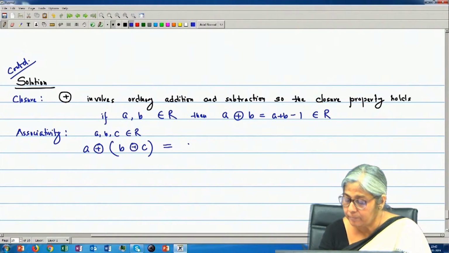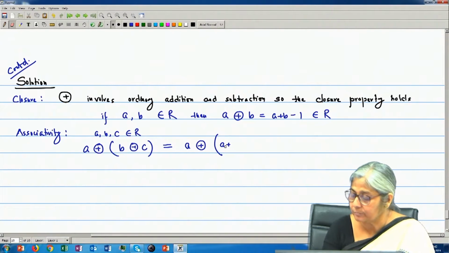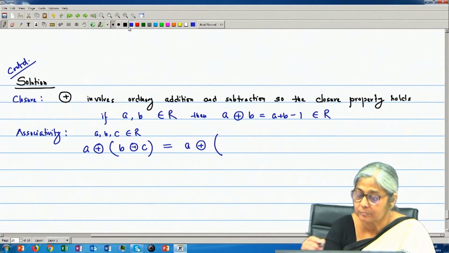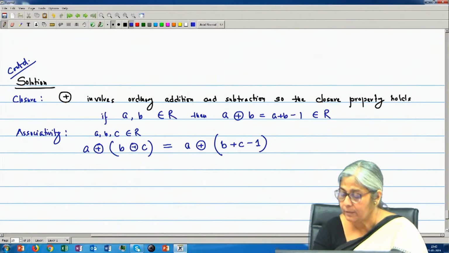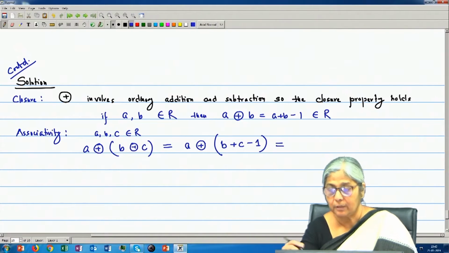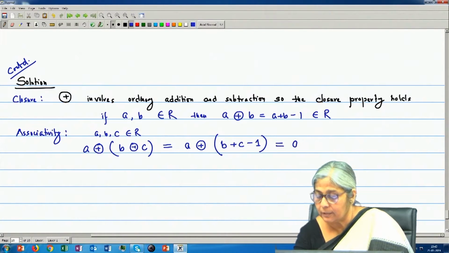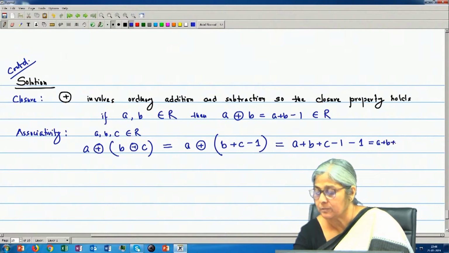This becomes a ⊕ (b + c − 1). Again if we apply, we get a + b + c − 1 − 1, so this becomes a + b + c − 2.